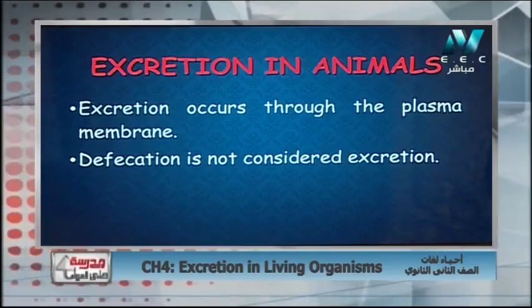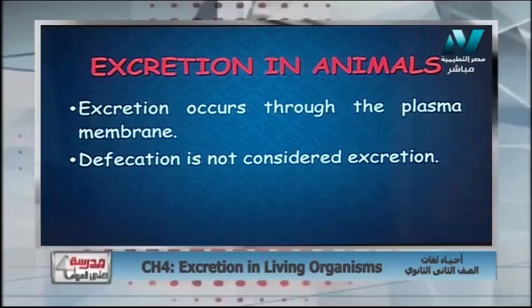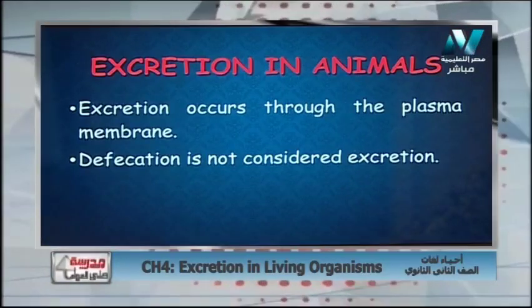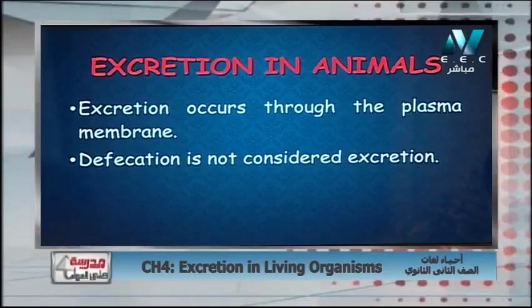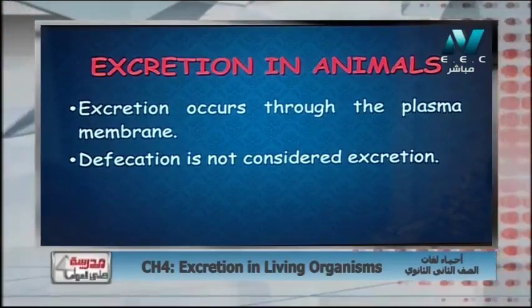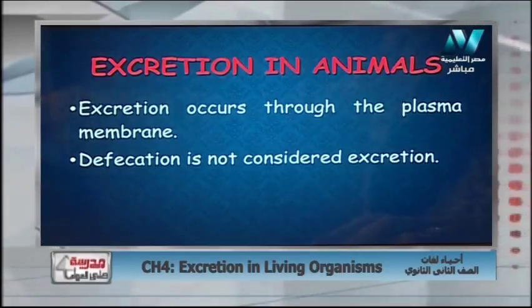Excretion occurs through the plasma membrane. As we said, excretion means getting rid of the waste products coming out from the living cell, and it goes out of the cell through the plasma membrane.